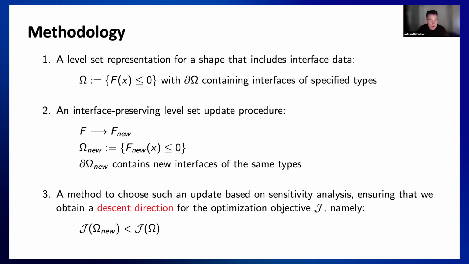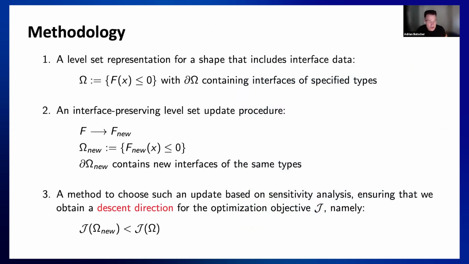And then third, we would like to be able to choose this update based on a sensitivity analysis, so that in every iteration, not only are the shape and the interface preserved, but the performance function gets better and better, which means that we'd like to obtain a descent direction to the objective function, the consequence of which is that we will eventually find an optimal shape as well as an optimal set of interfaces when our algorithm converges. So with these 3 ingredients, we will have that ability.